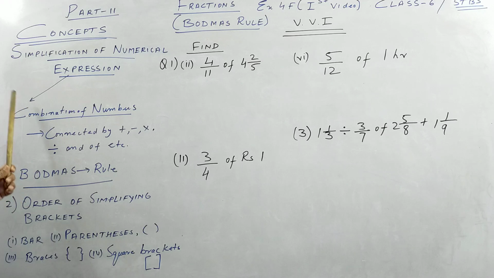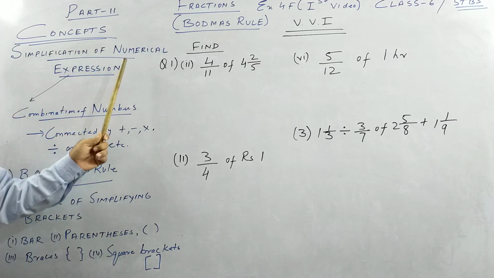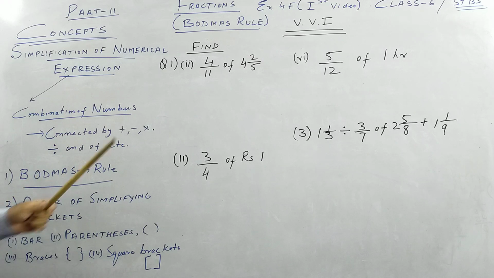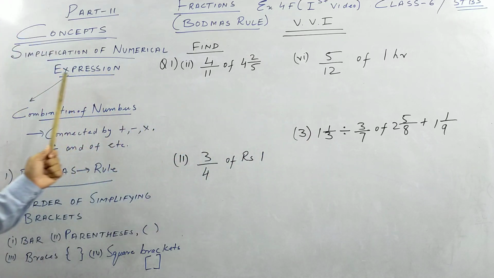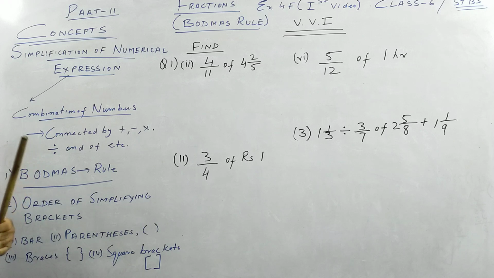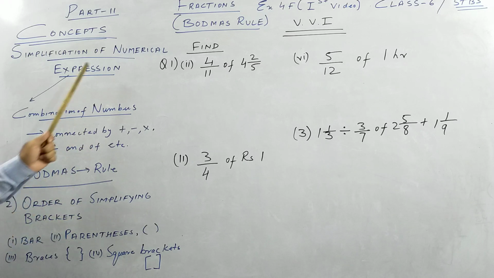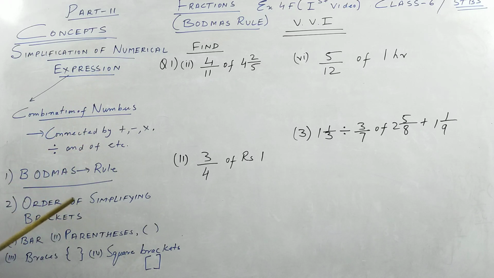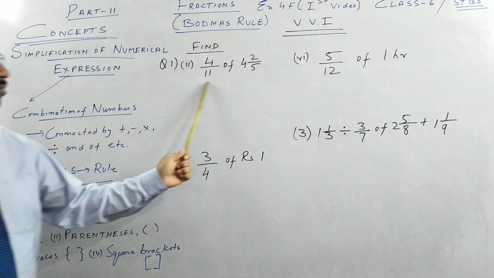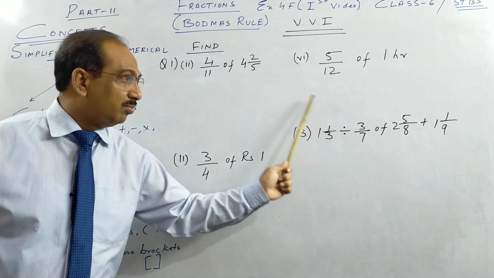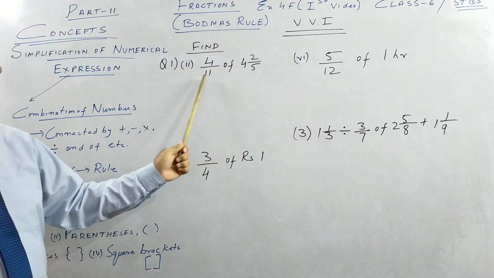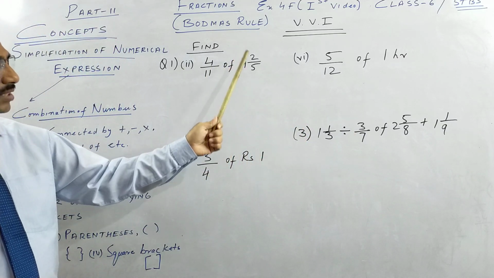But the main thing over here is simplification of numerical expressions. This rule is for numerical expressions. What are numerical expressions? It's a combination of numbers. You see fractions, rational numbers, they are very close.